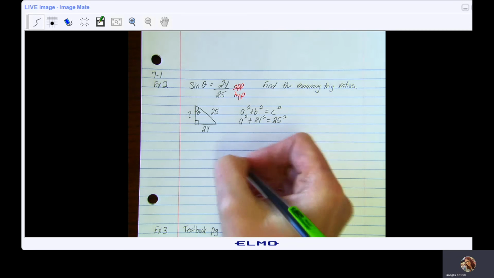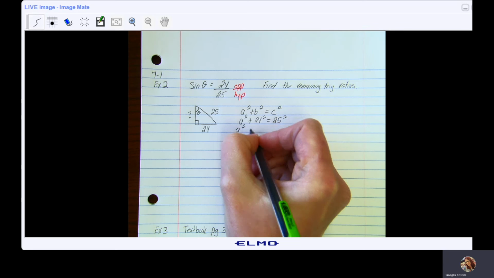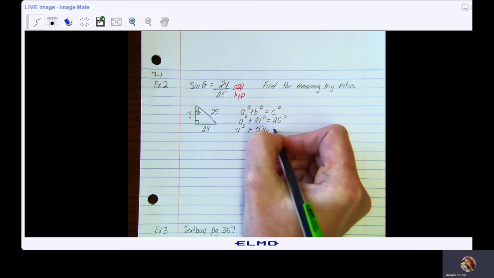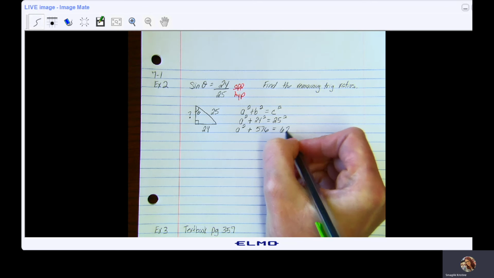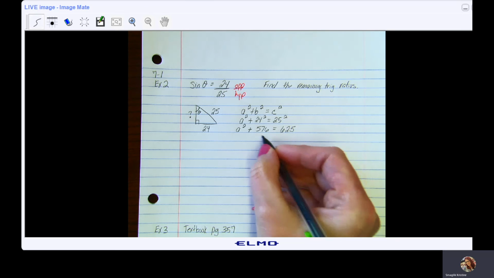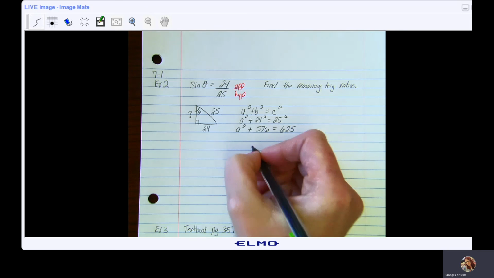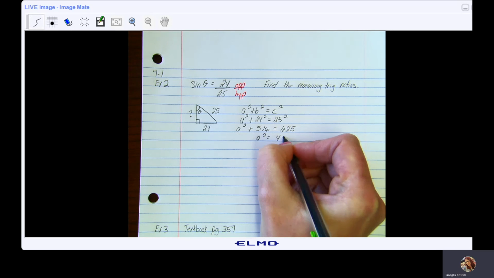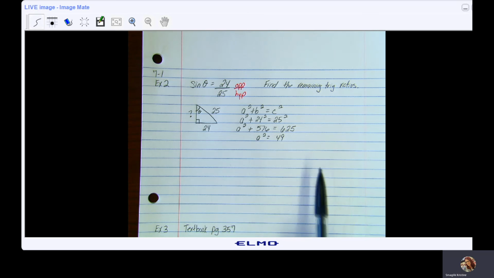So if I start expanding this out, A squared, 24 squared is 576, 25 squared is 625. And now let's subtract 576 from both sides. A squared equals 49. And then if I want to get rid of that square, the inverse of a square is a square root.